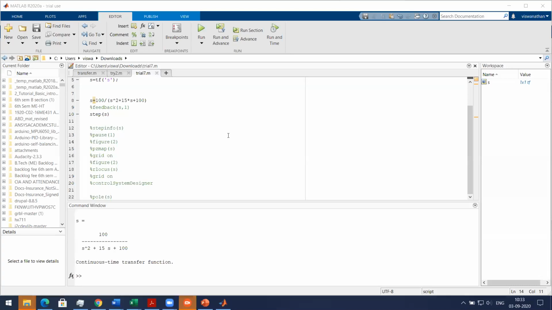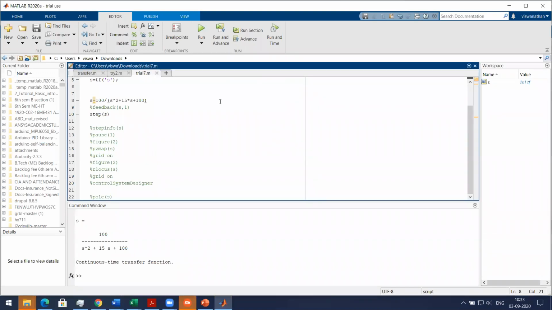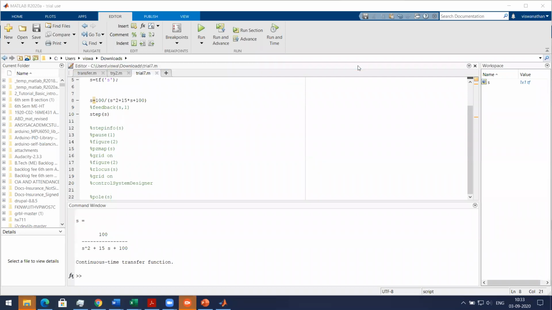So we discussed in the last class about the root locus, how to read those root loci, and how the poles move to the zeros or how the poles move to infinity.